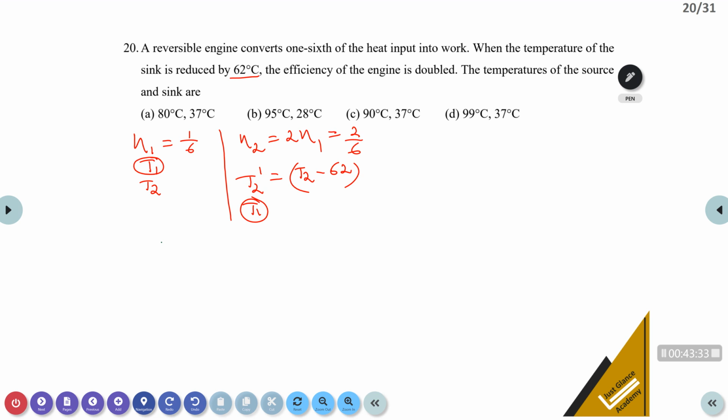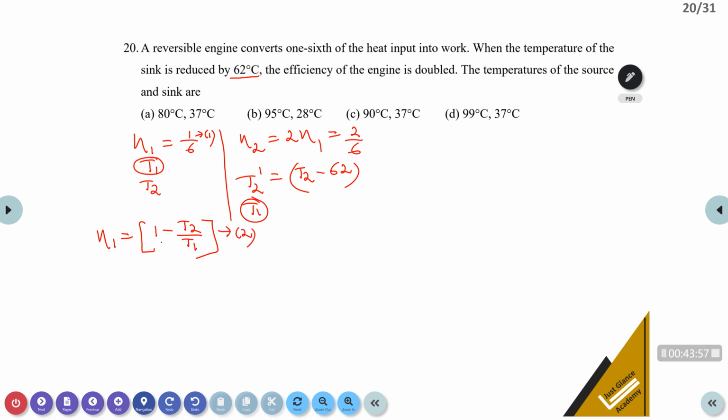I will write two equations. I will write eta 1 equal to 1 minus T2 divided by T1. Here you see eta 1 equal to this. This is equation number 1, and this I will write as equation number 2.